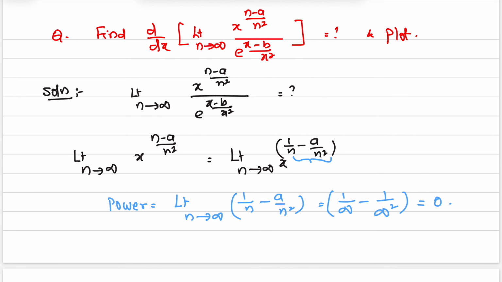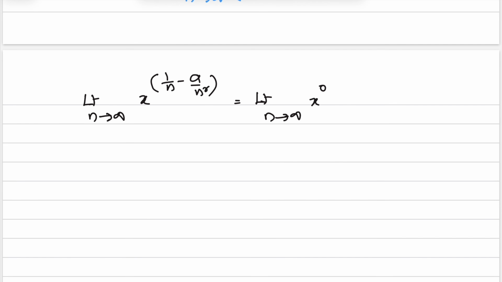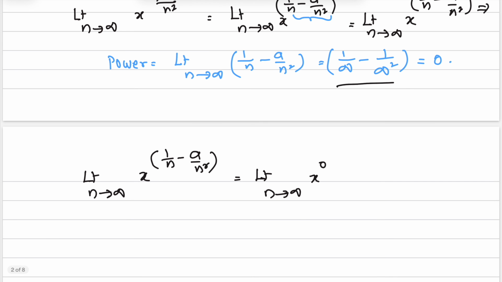That means limit n tends to infinity of x to the power of (1 by n minus a by n square) is going to give you limit n tends to infinity of x to the power of 0, because we have found this power as 0 when you substitute n as infinity.